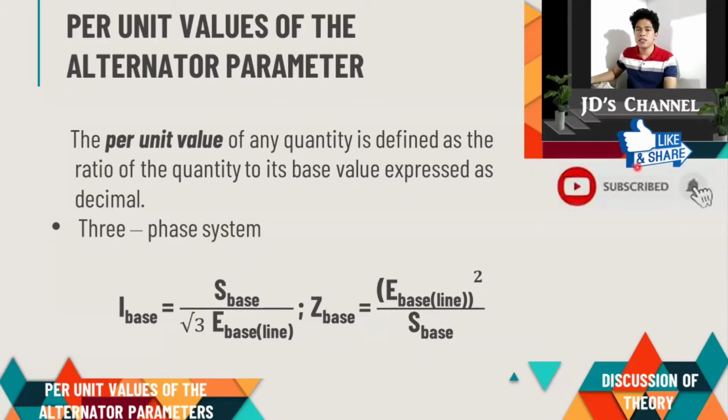For a three-phase system, base current is equal to S base over square root of 3 multiplied by E base. Base impedance is equal to E base quantity squared over S base.